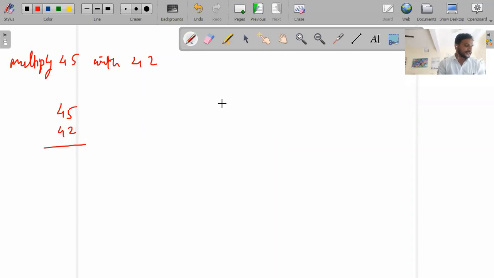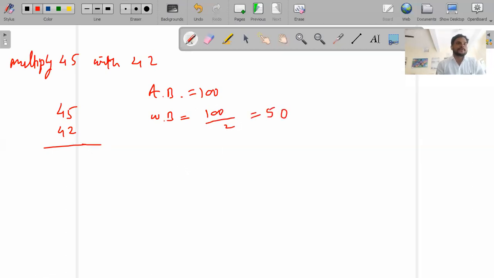Just observe this example. Here I am going to consider actual base as 100 and working base as 50. 100 by 2, which is 50. Now let's see what happens here. As working base is 50, 45 minus 50 is minus 5.